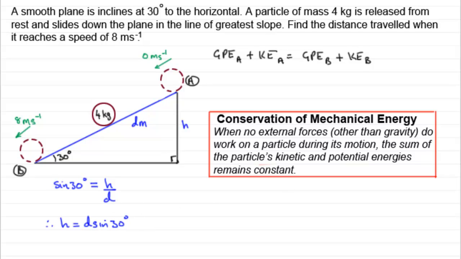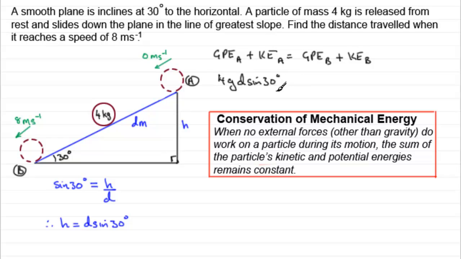So, for the gravitational potential energy at A, we've just got mgh, 4 for the mass, g and h. So that's going to be times d sine 30 degrees. Now as for the kinetic energy at A, half mv squared, well because v is going to be 0, that term for kinetic energy is going to be 0.